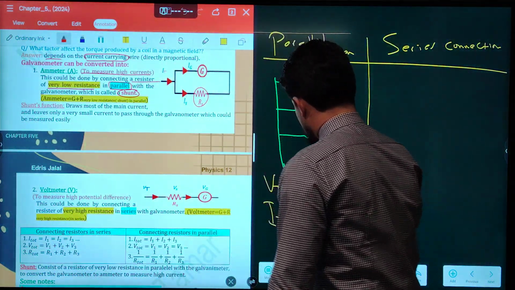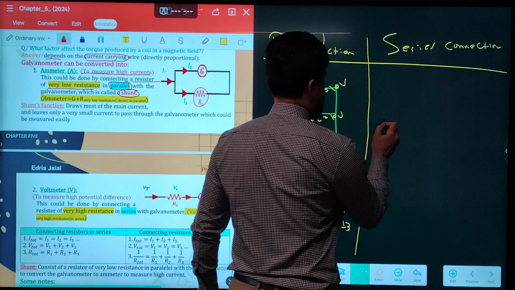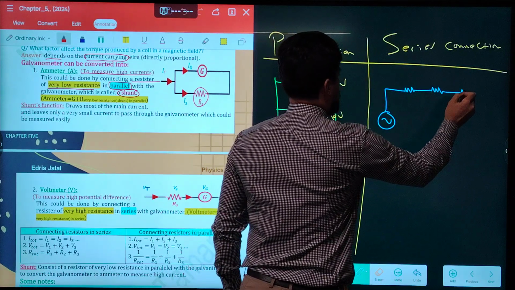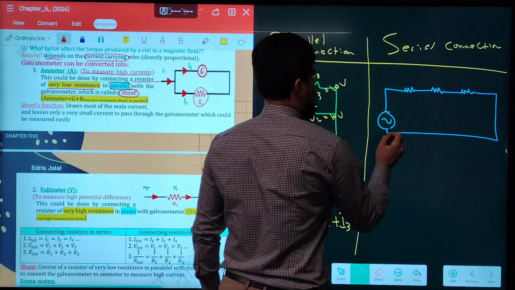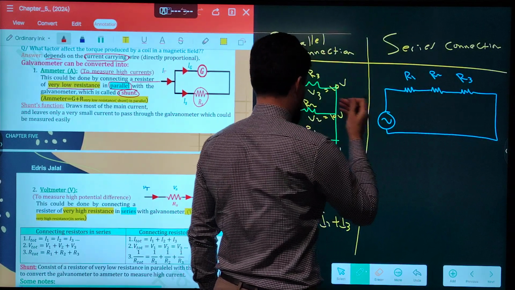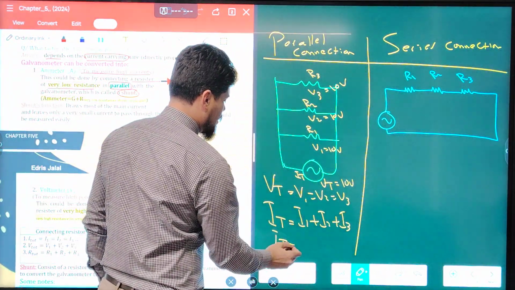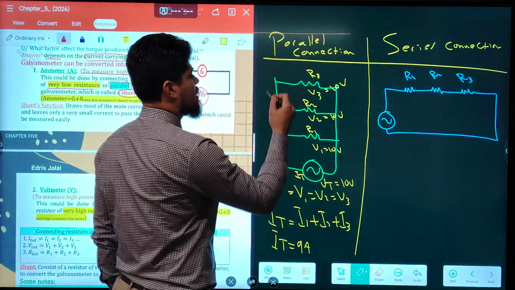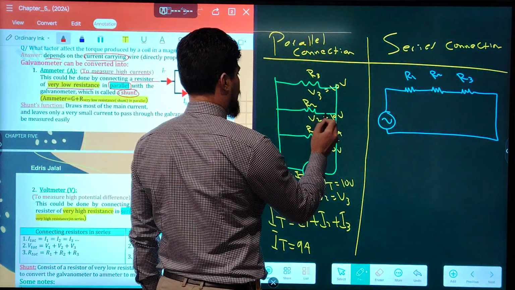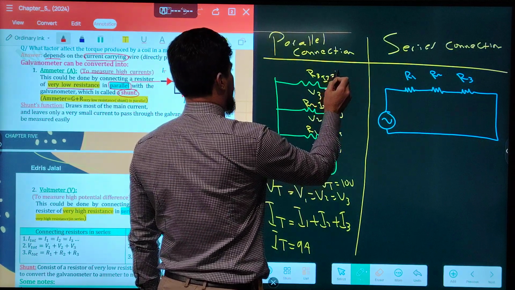How about the series connection? In series connection, guys, look, for example, if we have a potential difference and three resistors connected one by one, so this is R1, R2, R3. In the parallel connection, if I total is equal to 9 ampere and the resistances are the same, I1 is 3 ampere, I2 3 ampere, I3 3 ampere.